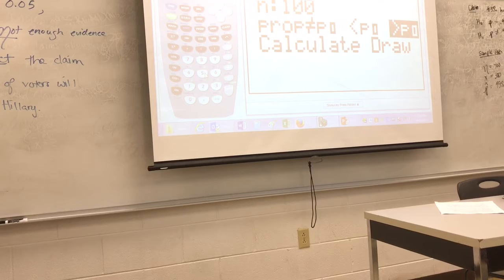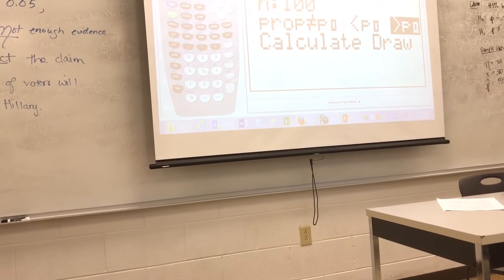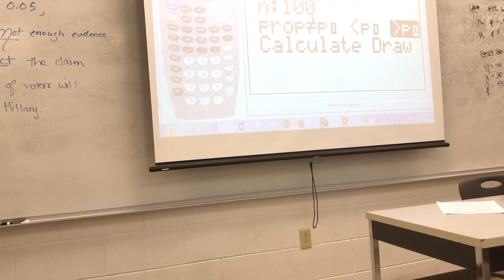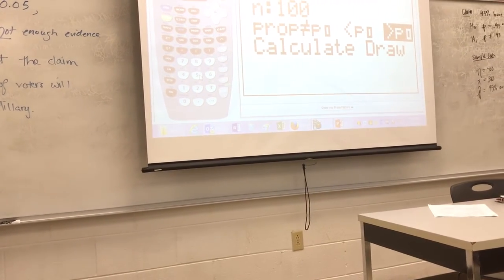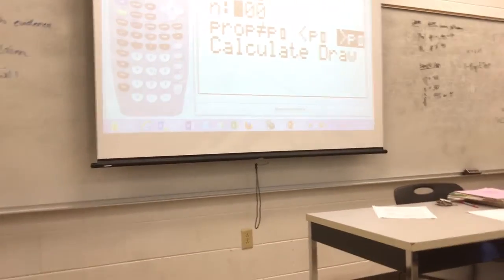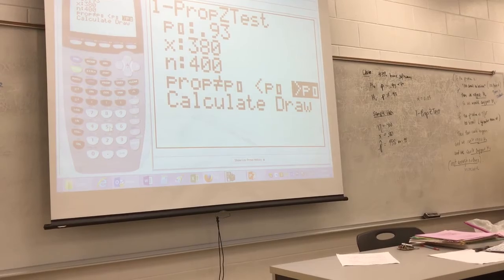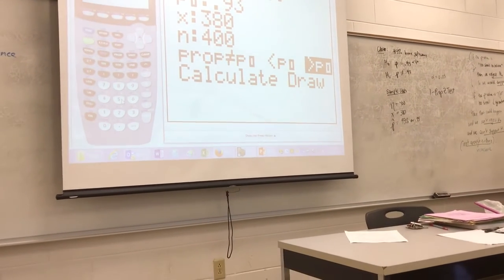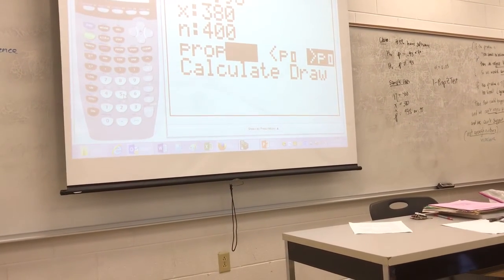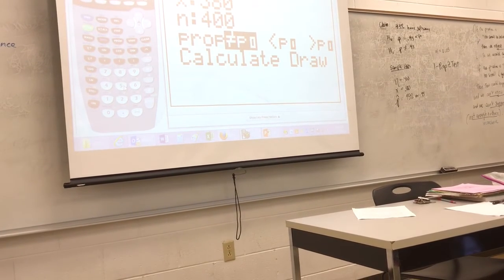X is, see, that's where if they only gave us the 95%, we'd have to go, what's 95% of 400? Oh, what do you know, it's 380. 400 is the total. And which one are we looking at here? Equals versus not equals. Calculates.